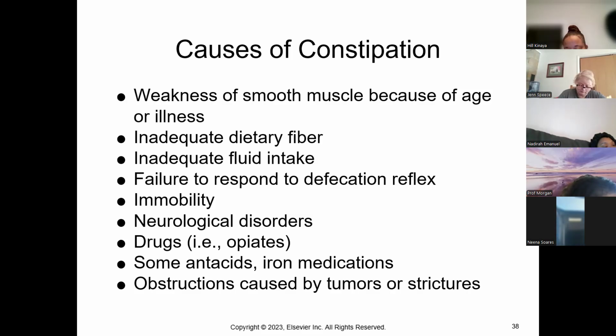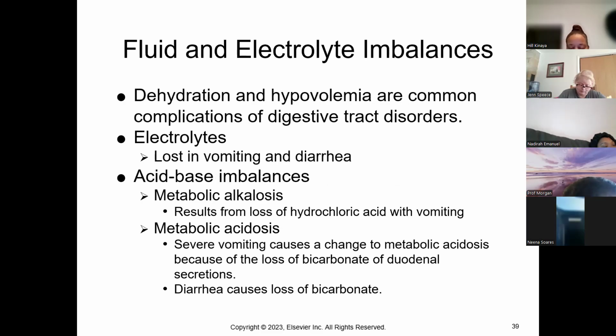Obstruction because of tumors or strictures. You can also end up with fluid and electrolyte imbalances. Dehydration and hypovolemia are common complications from the digestive tract being involved with some disorder.